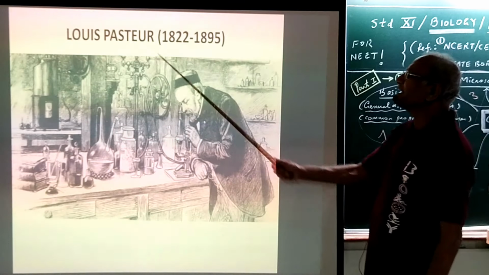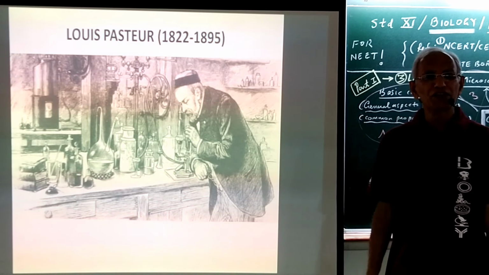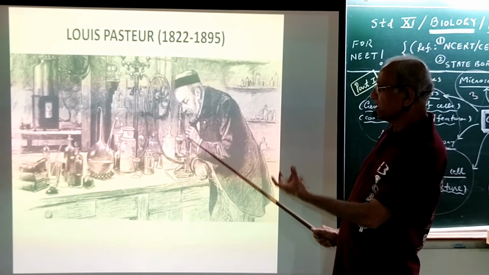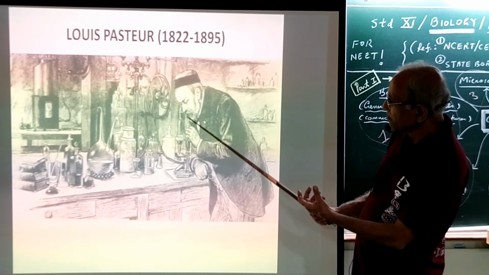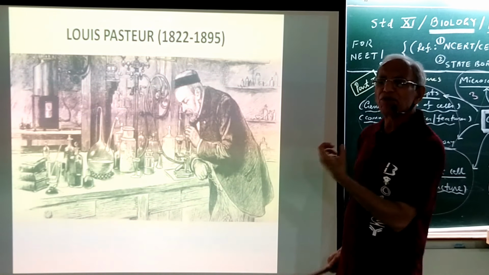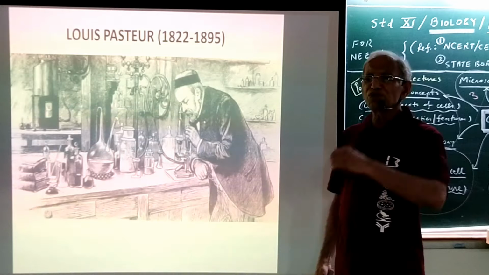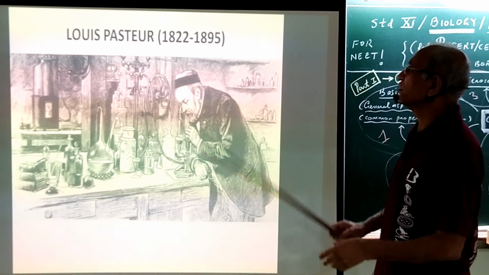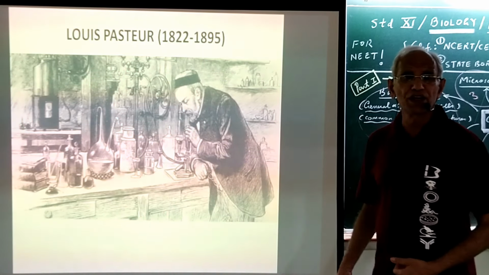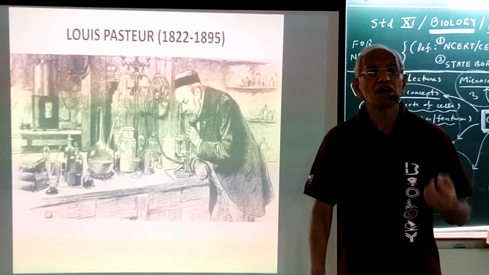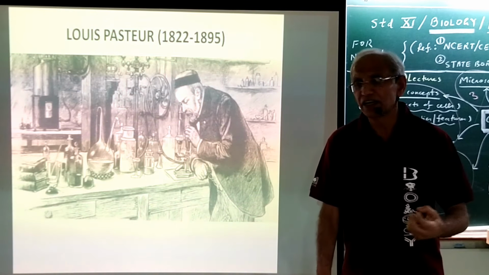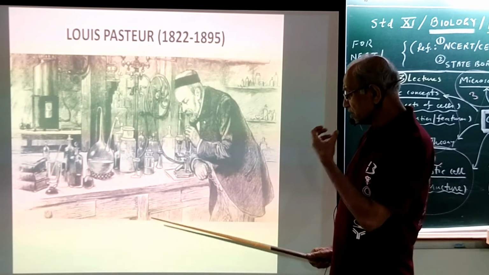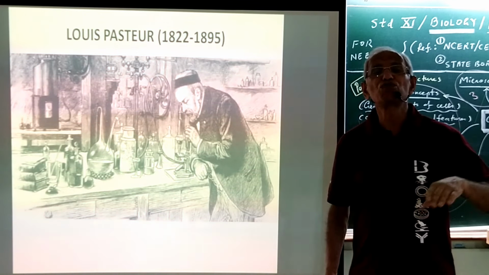Interesting. Great name, Louis Pasteur. Microscopy was available in a better way by then. You can see the microscope here, and he was one of the most significant persons of that particular century, the 19th century. He was a microbiologist, and it has been pointed out repeatedly that he was the one to find out many things.